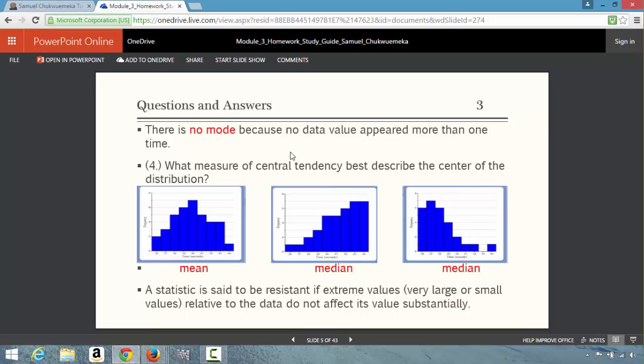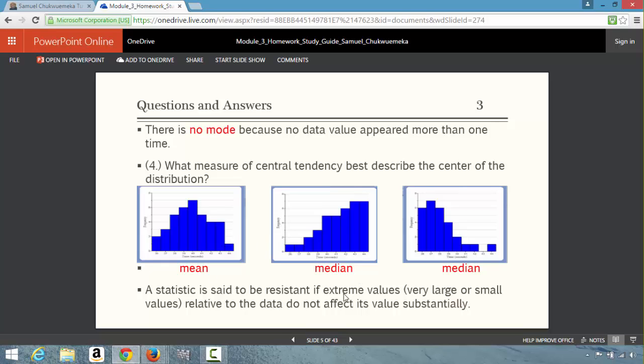Question 4. What measure of central tendency best describes the center of the distribution? If these are all histograms. If the histogram is symmetric, then the mean is the best measure of center to describe the center of the distribution. The mean is the best measure.